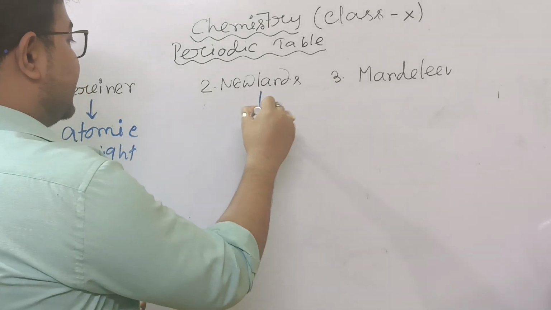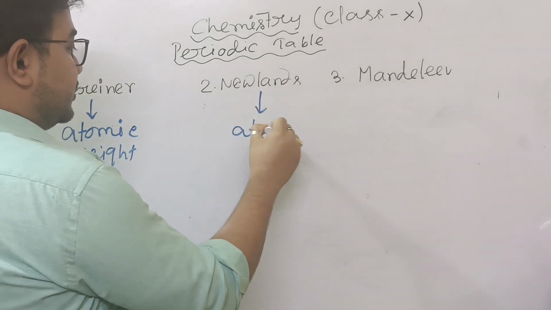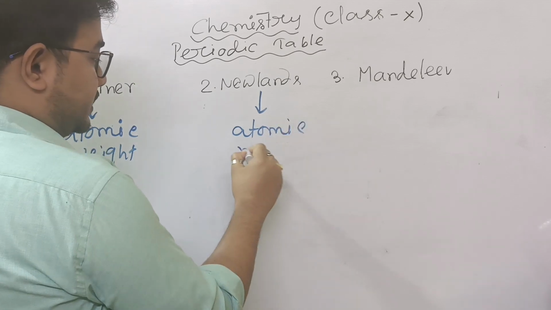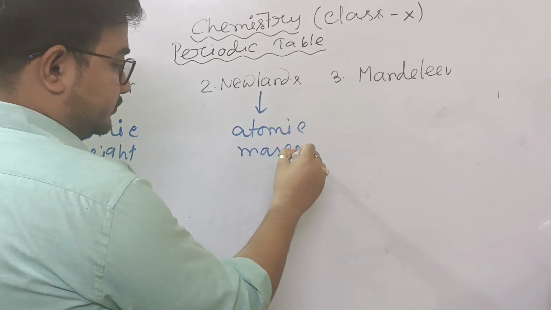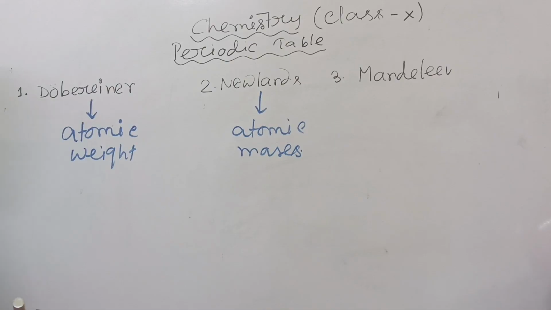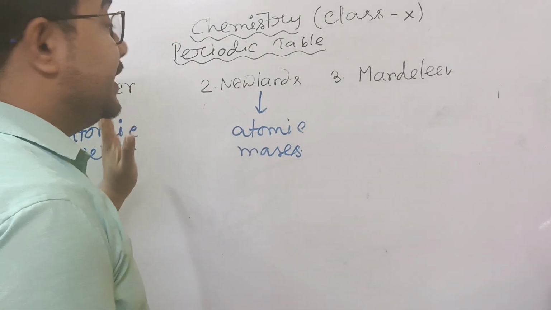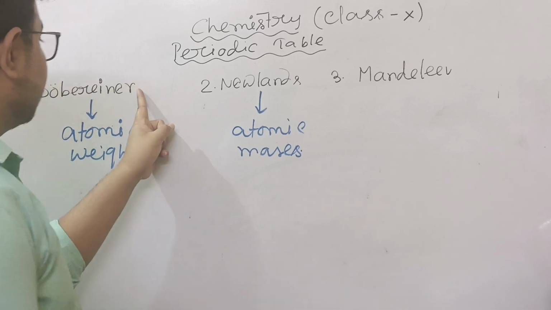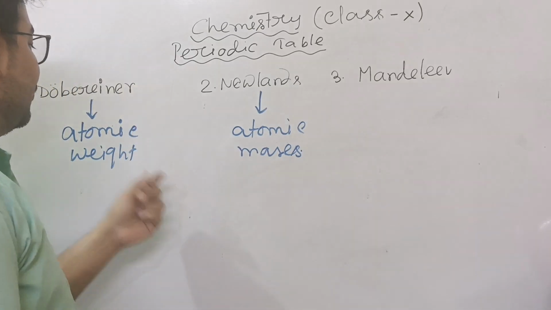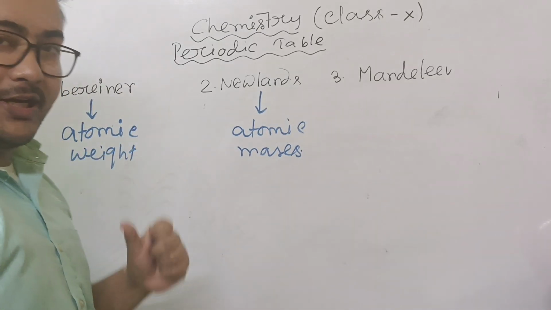And for Newlands octave rule, atomic masses. Okay, so first try to understand. In case of Döbereiner, clear your concept first. In case of Döbereiner's triad rule, we have considered the term atomic weight.